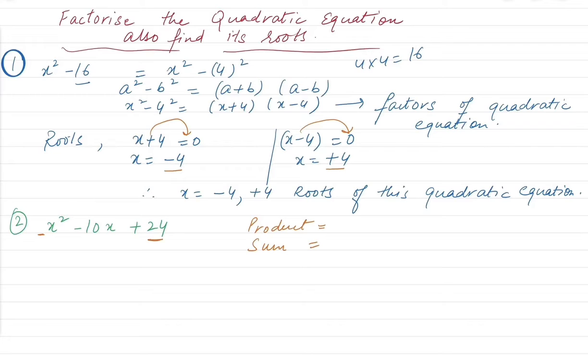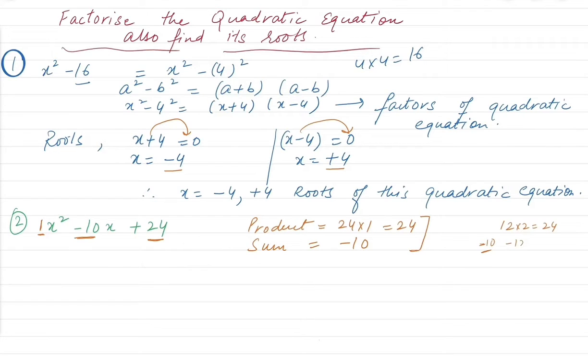The product is of the last term and the first term, the coefficients, which will be 24 times 1. If there is nothing in front of x square, that means it's 1. The sum is the middle term, b, which is minus 10. Now we need to find the two numbers which give a product of 24 and a sum of minus 10.